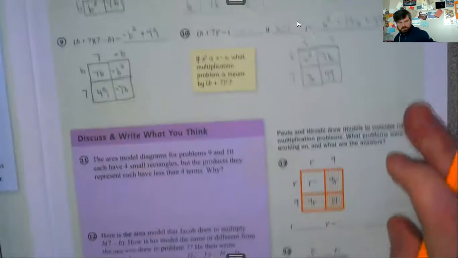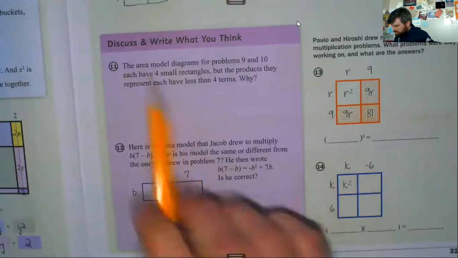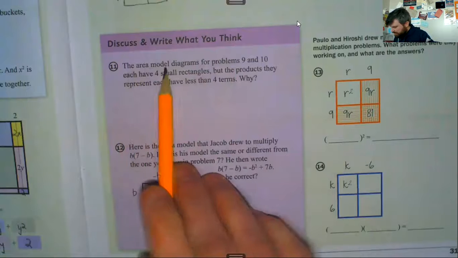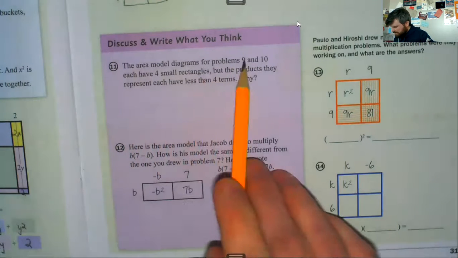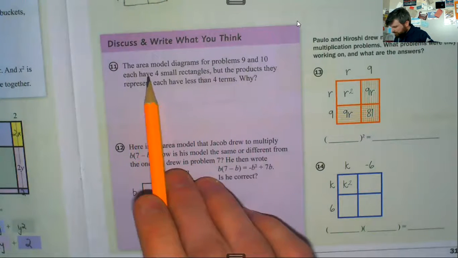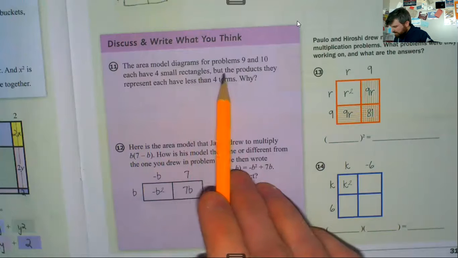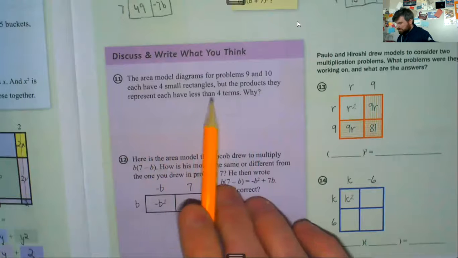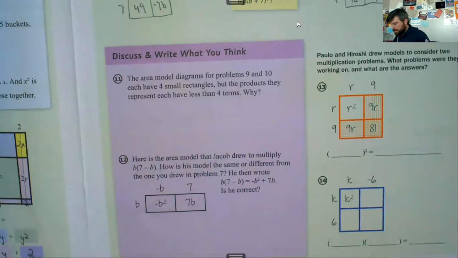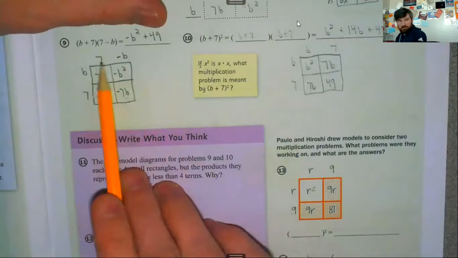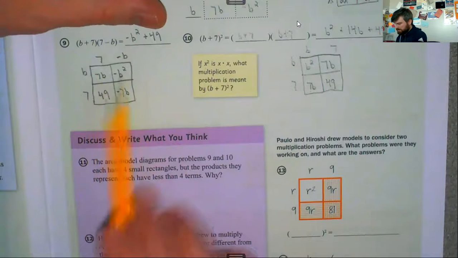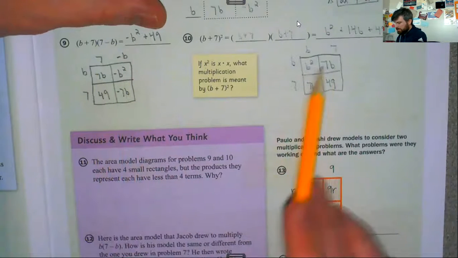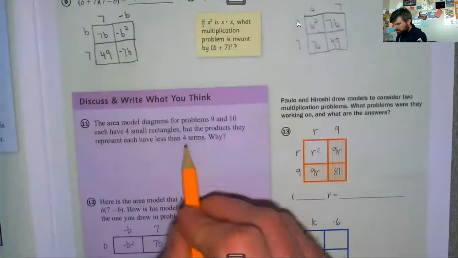All right, moving to the discuss and write what you think. The area model diagrams for problems 9 and 10 each have 4 small rectangles, but the products they represent each have less than 4 terms. Why? Okay, so for 9 and 10 here, we had 4 little boxes in here. But why don't we have 4 terms?